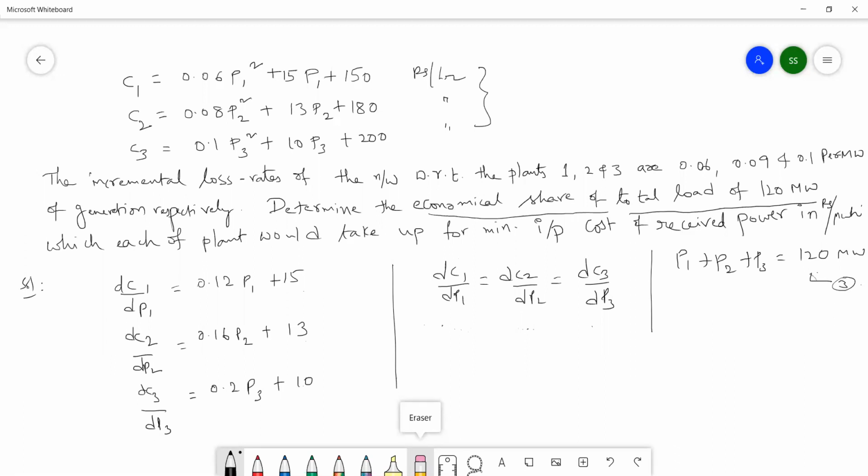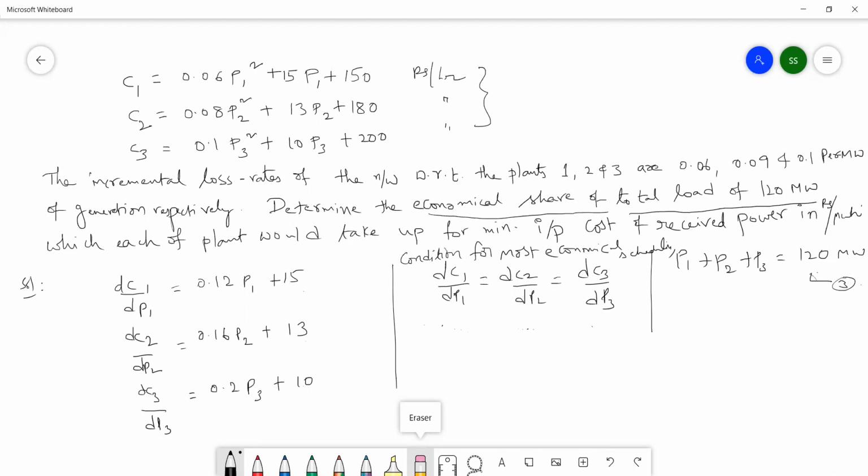Now as per our condition for most economical scheduling, our coordination equation is dC1 by dP1 equal to dC2 by dP2 equal to dC3 by dP3.